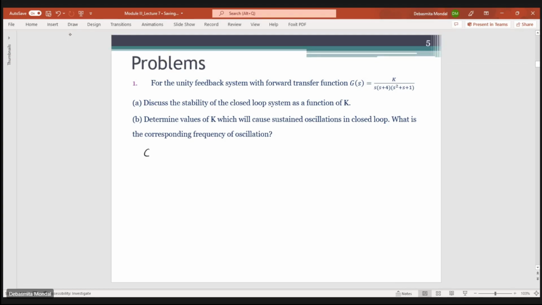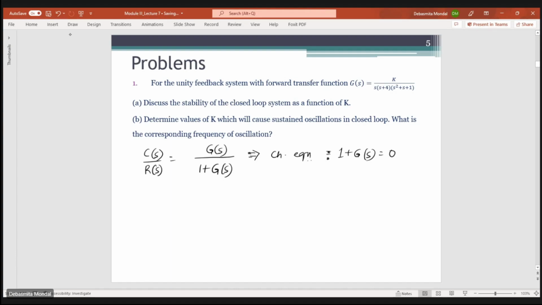If you write the value C(s) by R(s), this will be given by G(s) by 1 plus G(s), right? So the characteristic equation becomes 1 plus G(s) equals 0, right? Now you can find this characteristic equation from here.